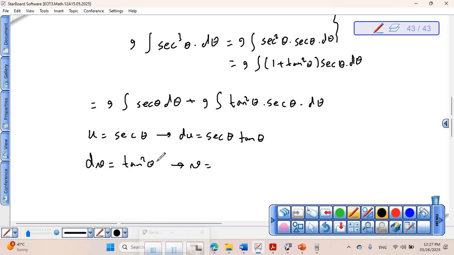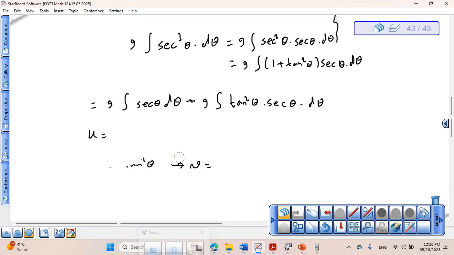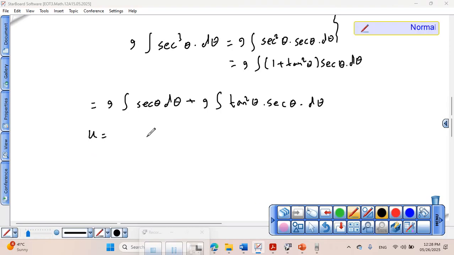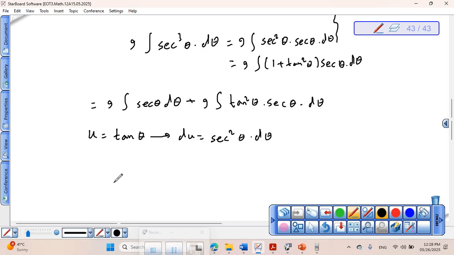Maybe change this. I think here u equals tan theta, then du equals sec square theta d theta.